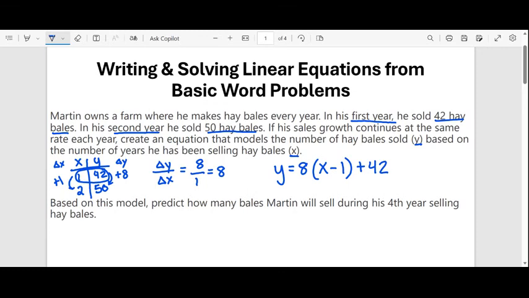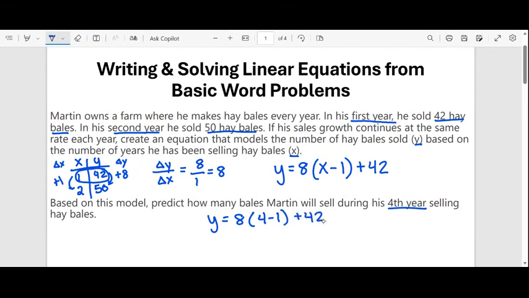So based on this model, we're going to predict how many bales Martin will sell during his 4th year selling hay bales. So 4th year, remember, x is our time. So we're going to be plugging in 4 for x because x represents the number of years that have gone by. So we'll say y equals 8 times 4 minus 1 plus 42.